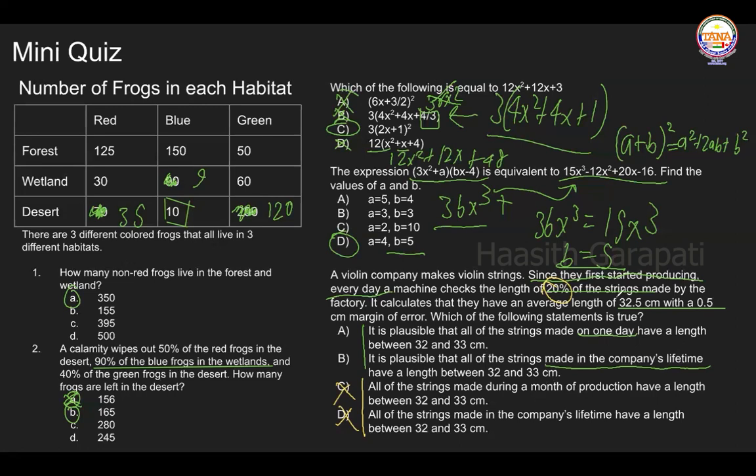Well, no, that's wrong actually, because remember they said since they first started producing, where's the highlighter? Yeah, since they first started producing. So they have been checking throughout their whole company lifetime this sample. So in this case, we are allowed to talk about the entire lifetime, which makes B the best answer.